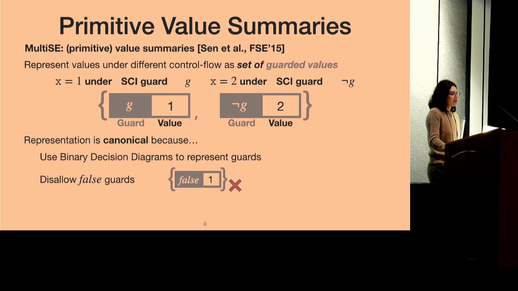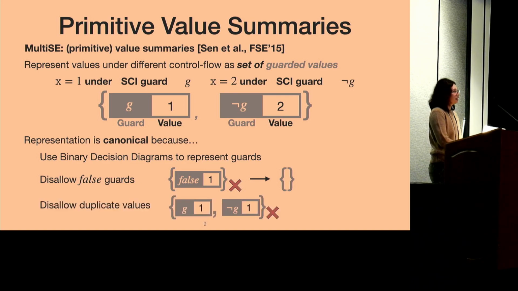We disallow false guards, so if we do an operation on value summaries and get a guard that's false, then in order to maintain our canonicity invariant, we just remove the offending guarded value. And then we also disallow duplicate values. So again, if we ever have that, then we will combine the offending guarded values by taking the disjunction of their guards.